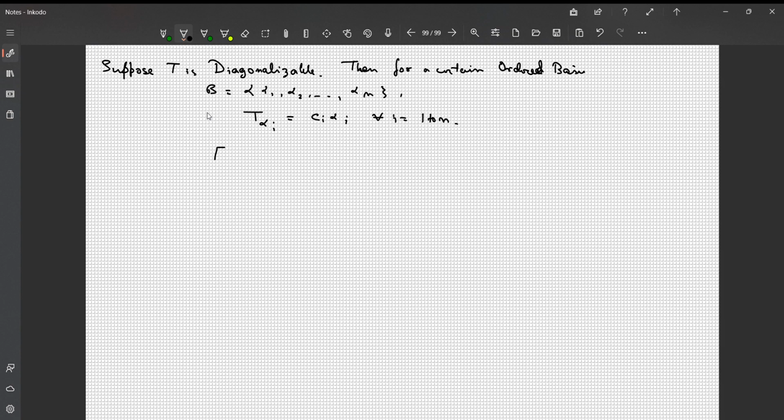So this definition obviously implies that the matrix of T with respect to B is a diagonal matrix with the diagonal elements formed as follows.